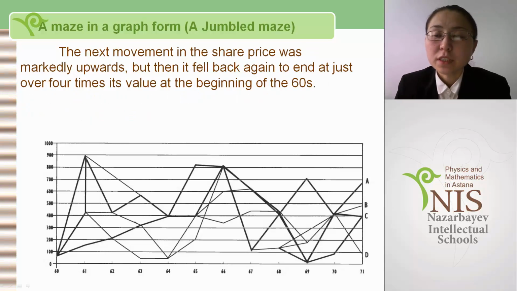The next movement in the share price was markedly upward, but then it fell back again to end at just over 4 times its value at the beginning of the 60s.